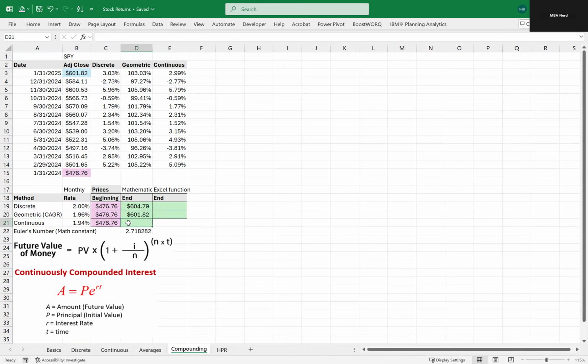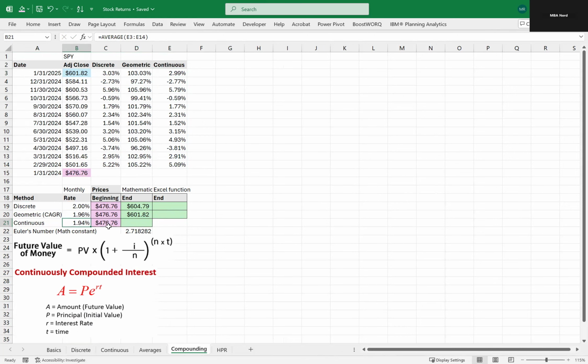And then on this continuous one, what's cool about it, like I showed you on the continuous tab over here, is that this 1.94% is just the simple average of all of the monthly continuous returns. Okay, so that's easy math to do. It's just that the hard math is kind of front loaded.